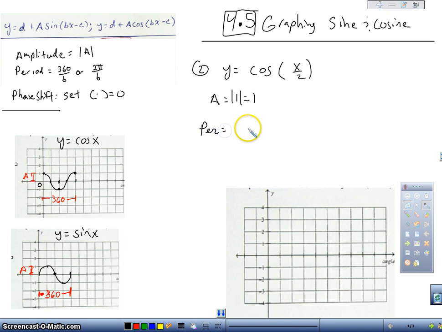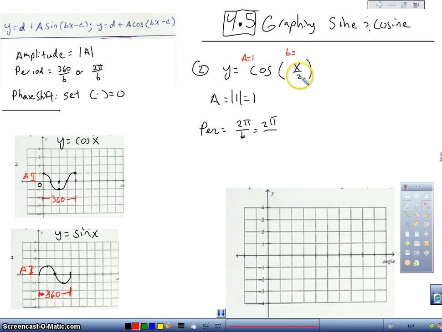The period is, this time let's use the other formula, the radians, 2 pi over B. Let me take a moment and write down the letters on top here. So A, there's no number, so we can interpret that to mean that A is equal to 1, and B, which is the number in front of x, according to this formula, won't be 2 because this is not 2x.